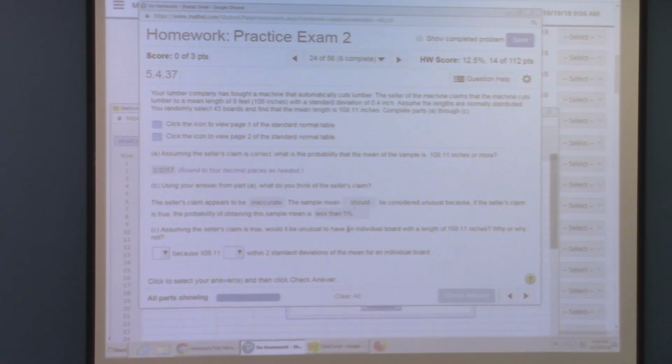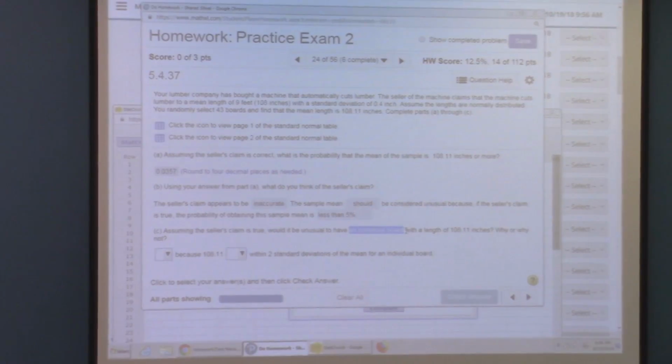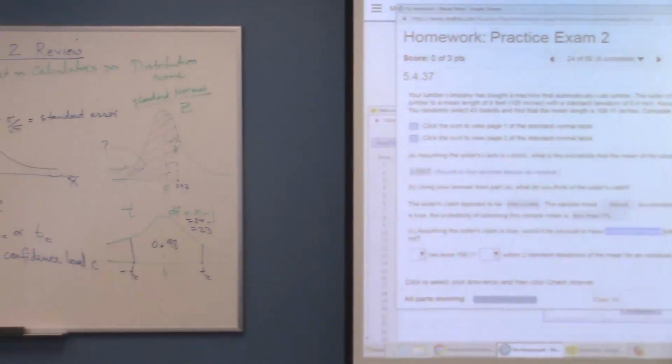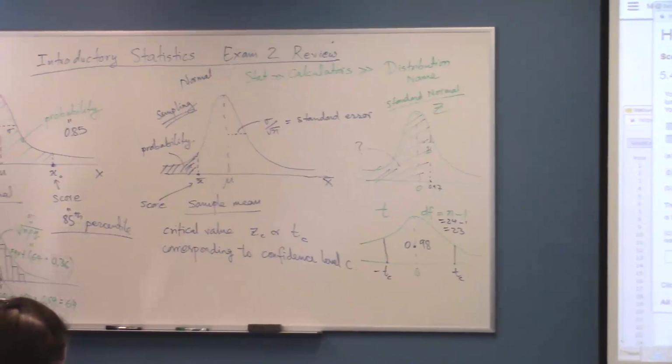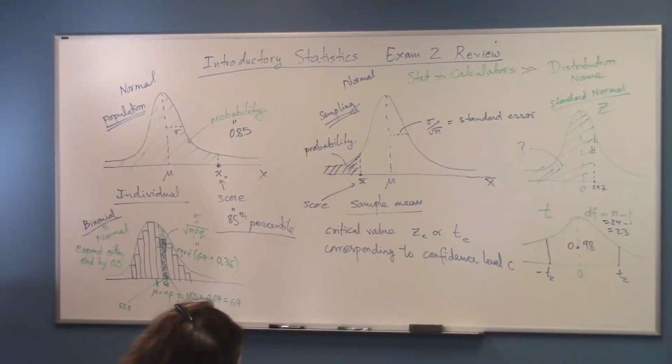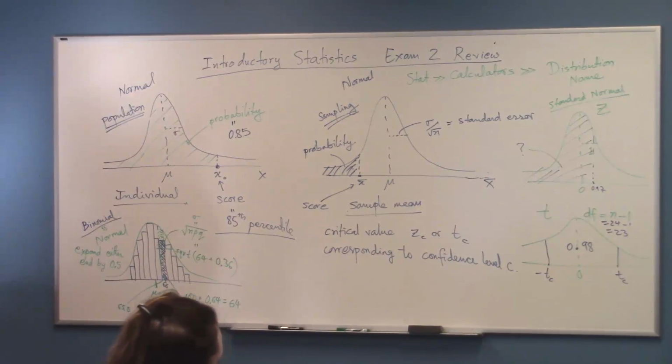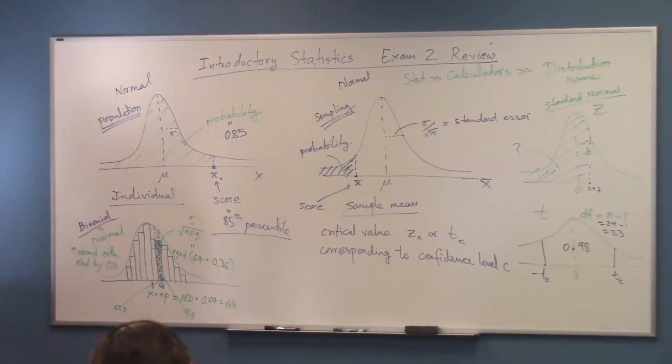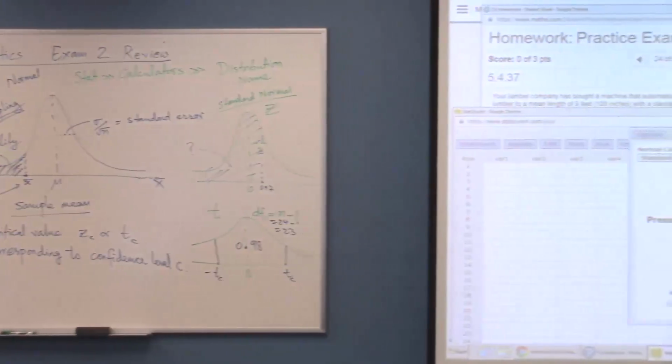Now the keyword is an individual board. Now we are not looking at a sample mean here. So this part C asks you to use the population distribution because the question is about an individual board, not about a sample mean. So whenever the question is about an individual item, you need to use just plain old standard deviation, not standard error.